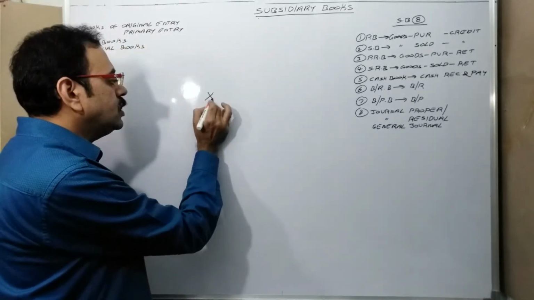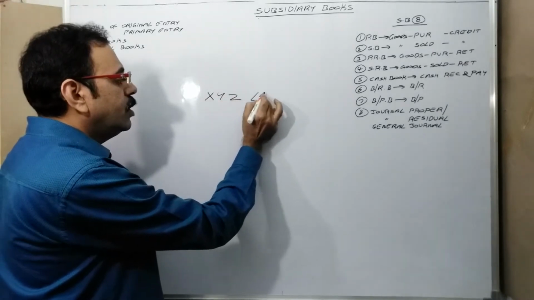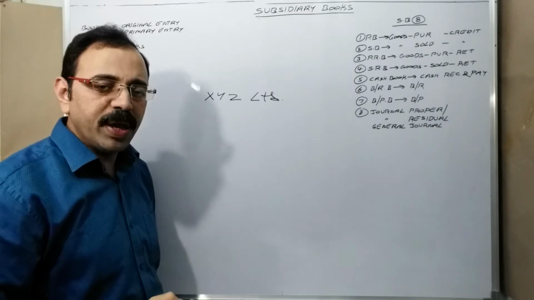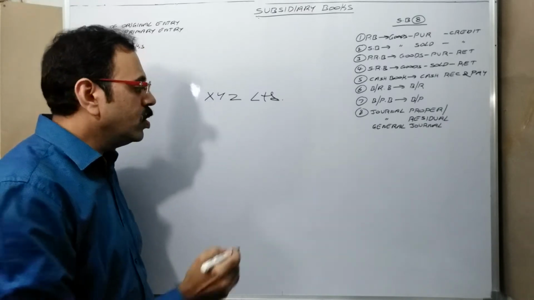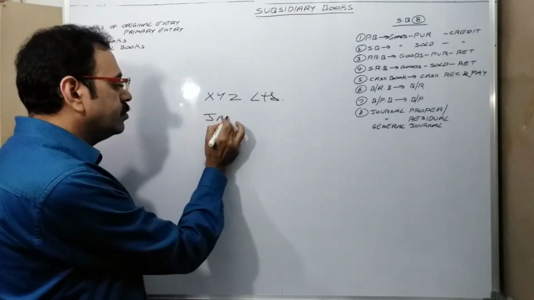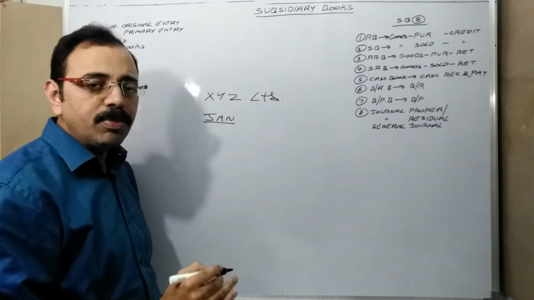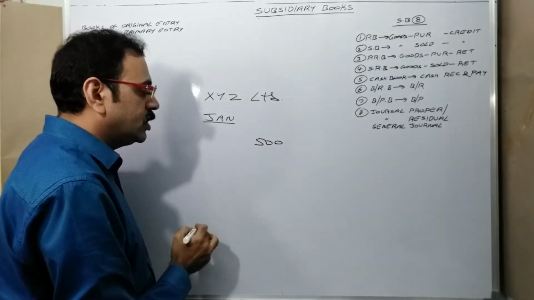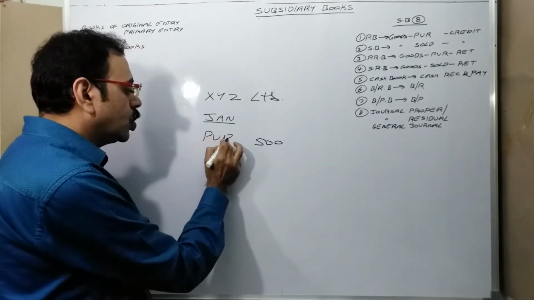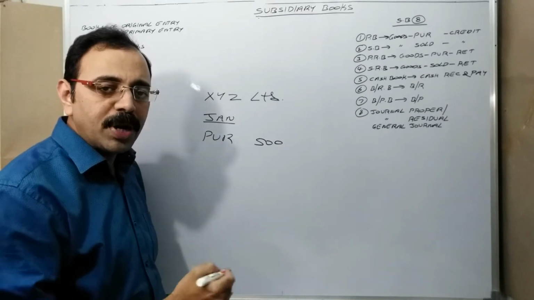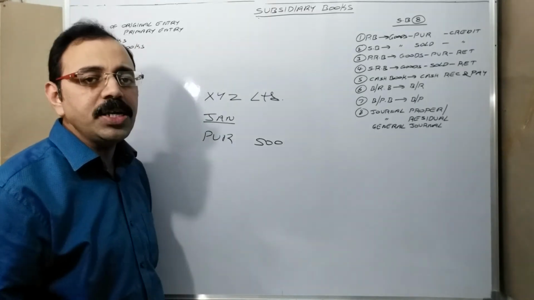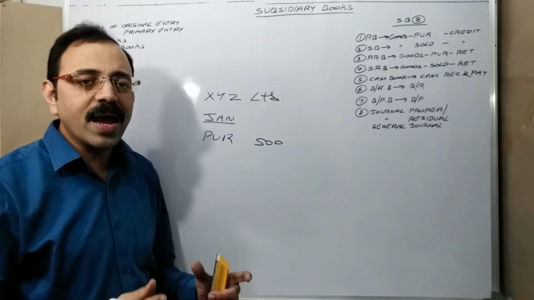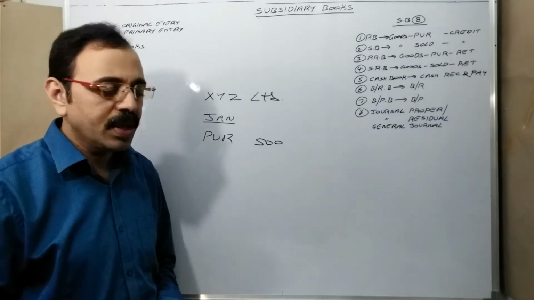Suppose XYZ Limited is one public limited company, a big company. Now in the month of January they have some transactions. 500 times they purchased goods, sometimes for cash and sometimes on credit basis. Total 500 purchase transactions are there.